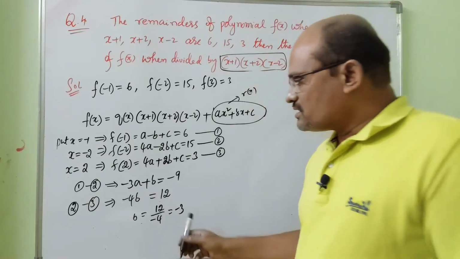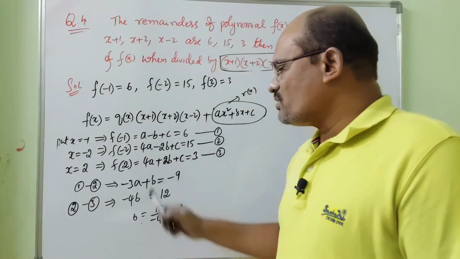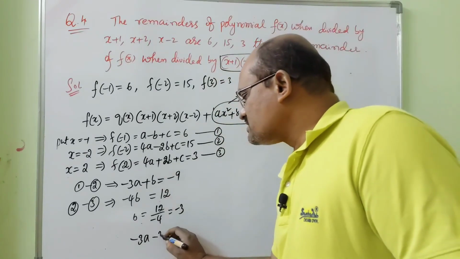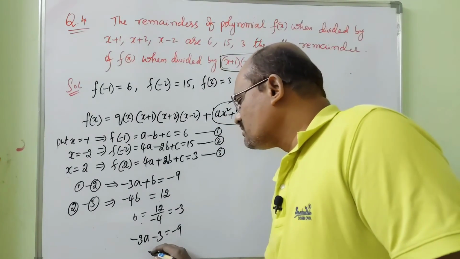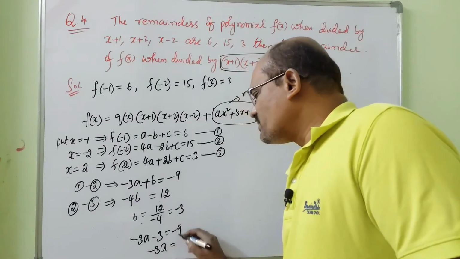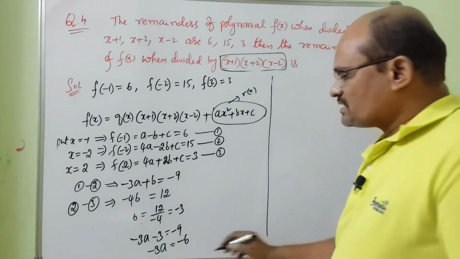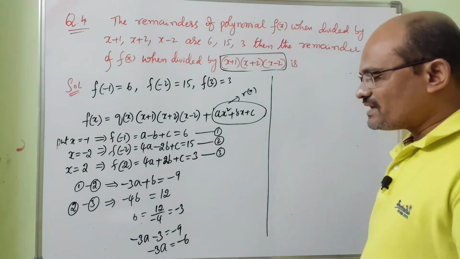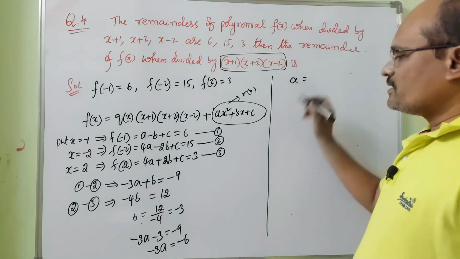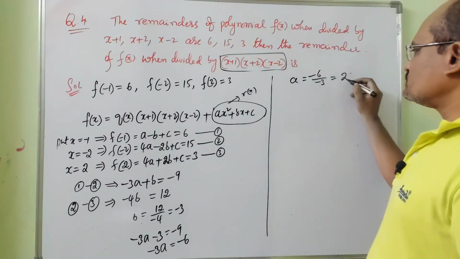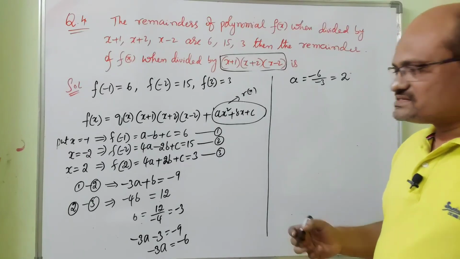I got b. Now substitute b in the above equation. Minus 3a plus b, b is minus 3, is equal to minus 9. So minus 3a is equal to minus 6. Minus 3a equal to minus 6 implies a equal to minus 6 by minus 3, that is 2. Now I want c.